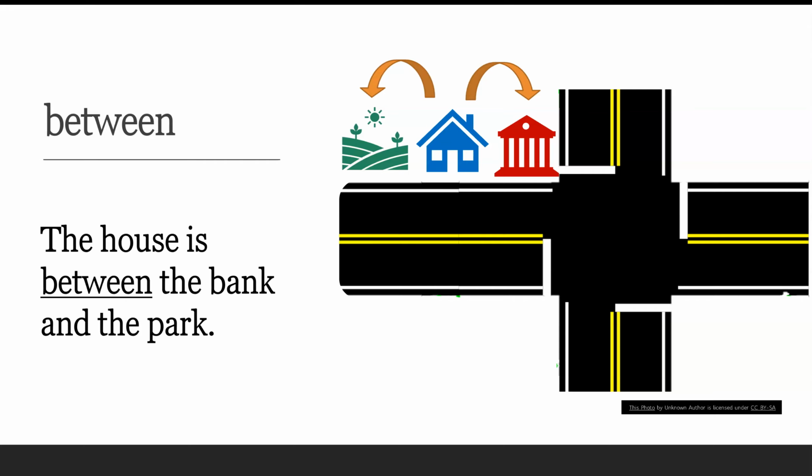Okay, so maybe you don't remember the street, but you do remember the two companies or the two places next to them. So if there's two, we can say between, right? Between is the same as in the middle of. But between is much smaller. It's just one word. So again, we can say the house is between the bank, neighbor 1, and the park, neighbor 2.